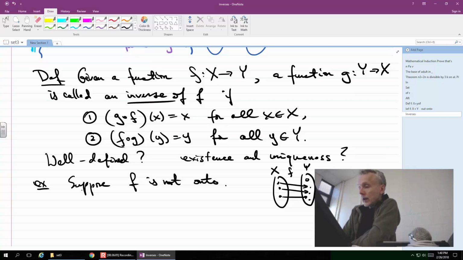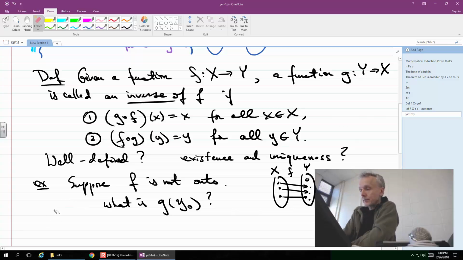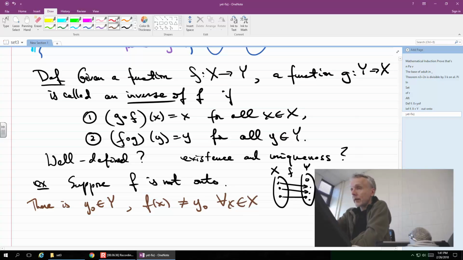So what is g of y naught? Suppose we start with, I should have started with that, we suppose that if f is not onto, then there is y naught in Y which is not covered. So f of x is not equal to y naught for all x in X, which is what I depicted there, and this is the problem area, y naught.